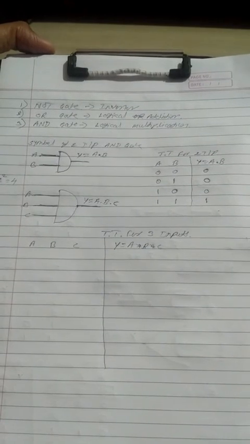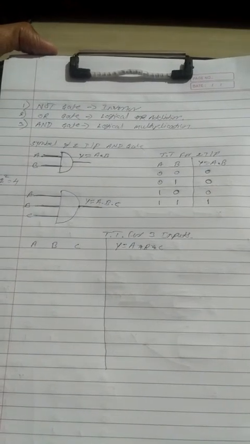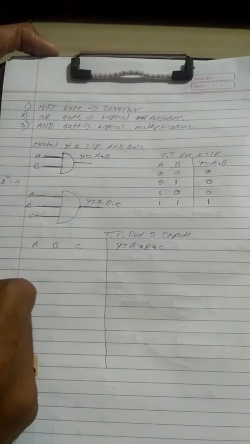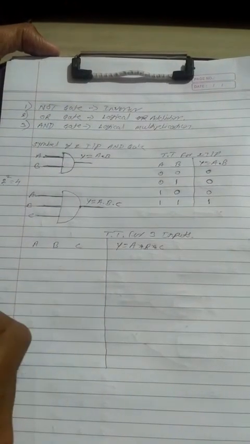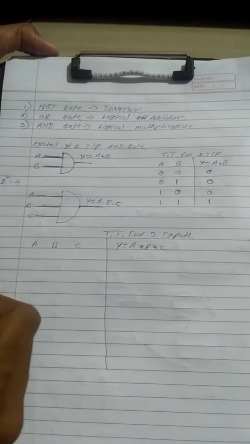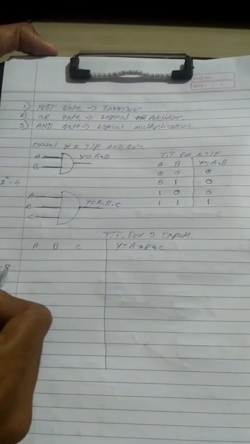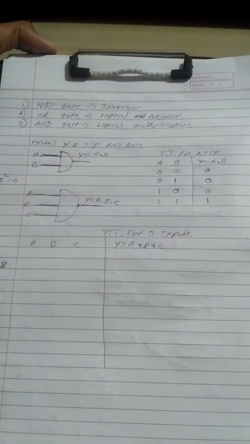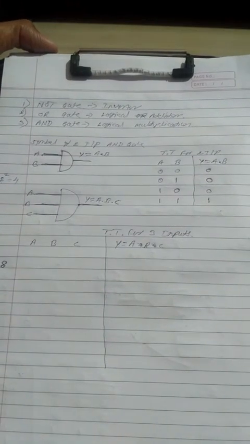In the first part, in the OR gate, we took the 3-input OR gate truth table. At that time, you learned that you have to write 2 raised to 3. This 2 means 0 and 1. Raised to 3 means 3 inputs A, B, C. It becomes 8 different possible inputs you can take.